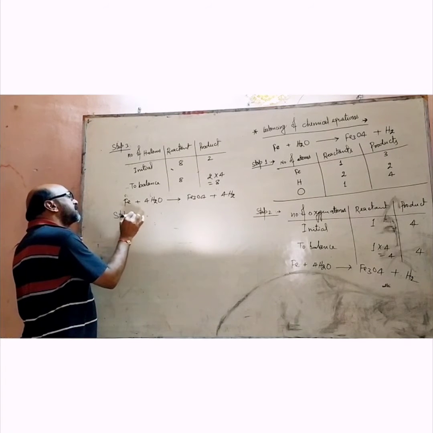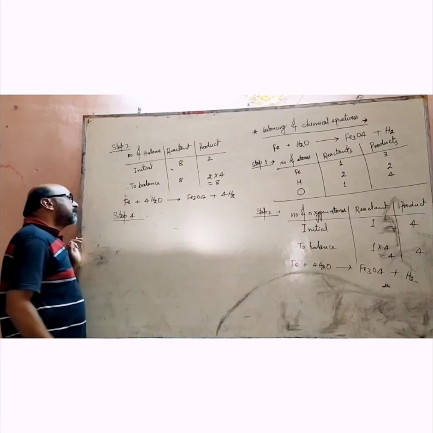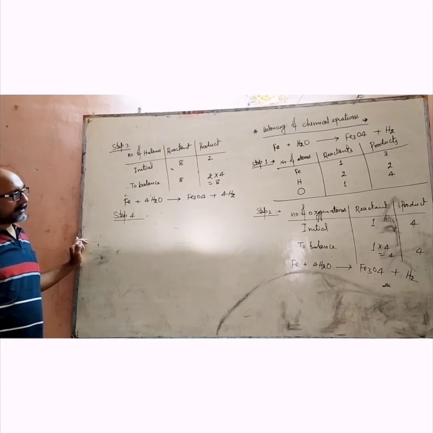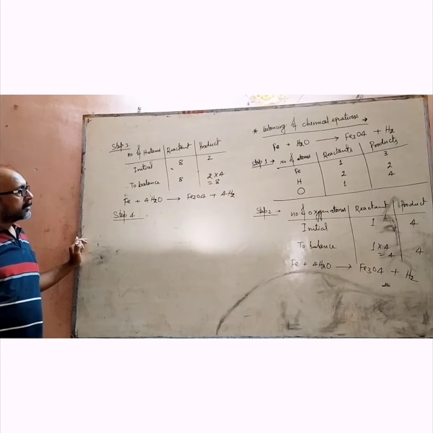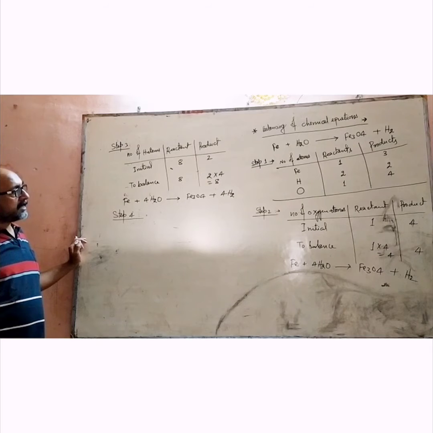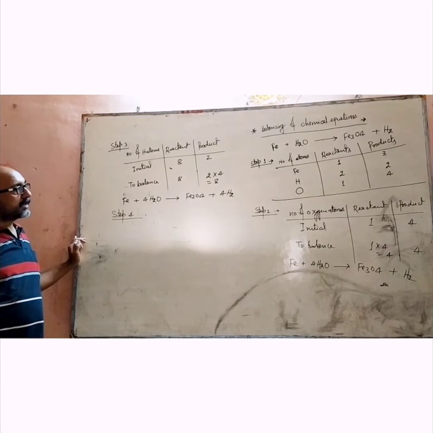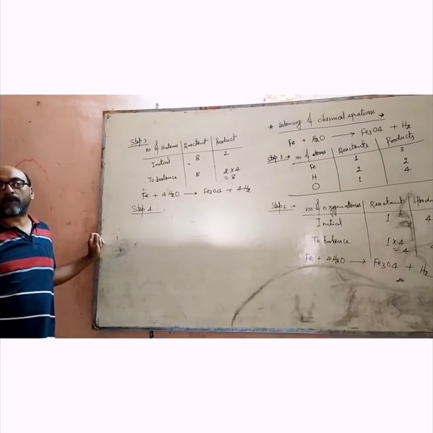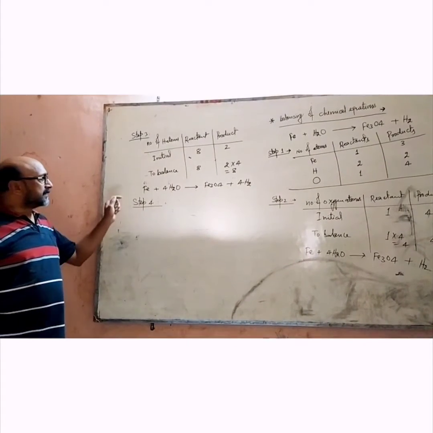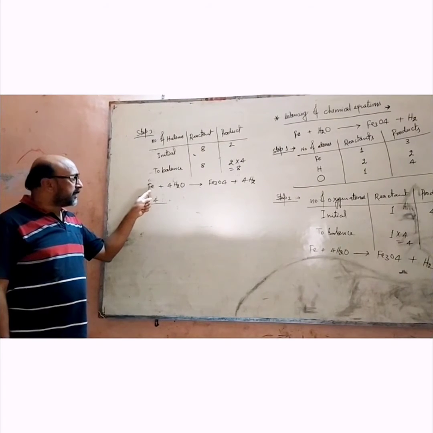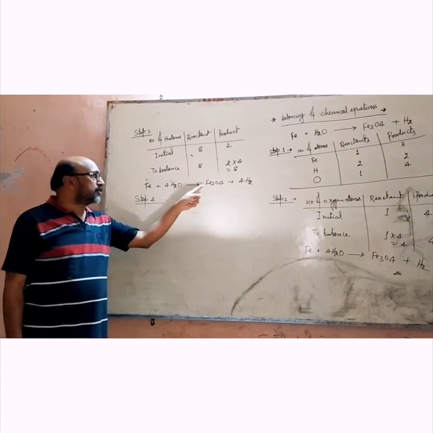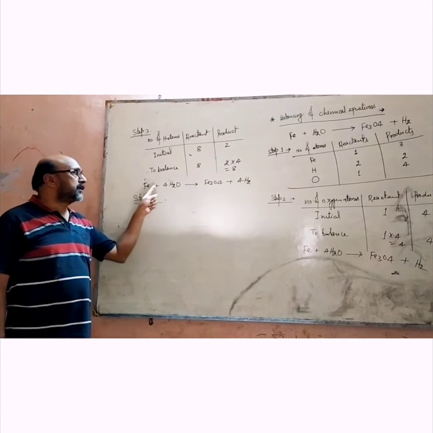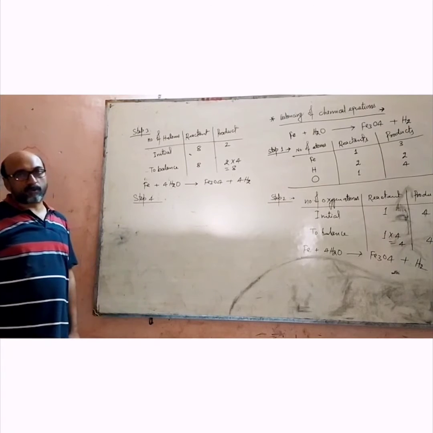In the next step, we look into the partially balanced equation and select the element whose number of atoms is not equal in the reactant and product side. In this equation, we see iron is the element whose number is not equal on both sides of the equation.